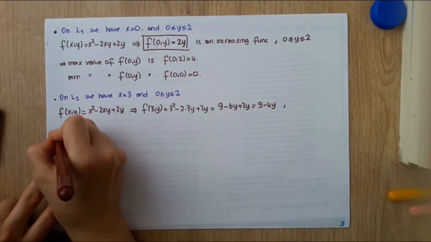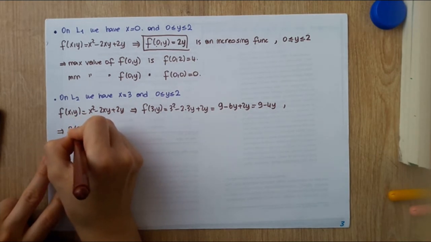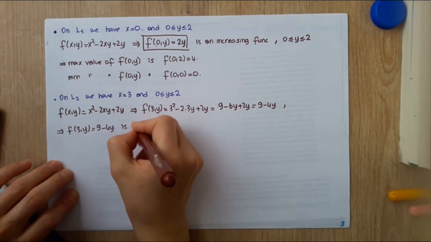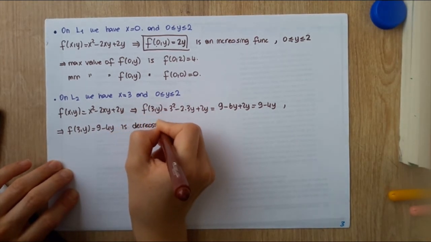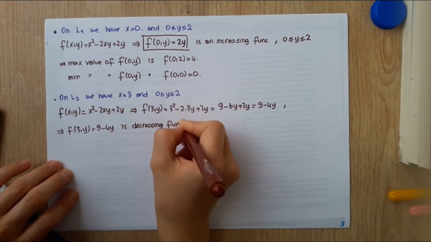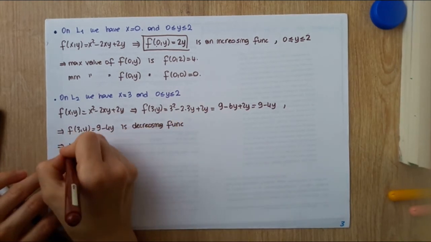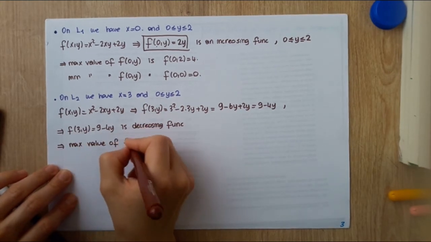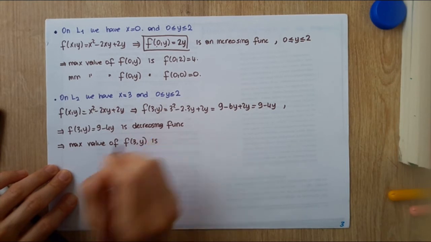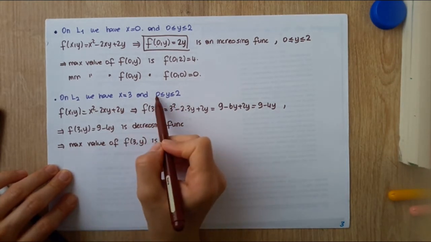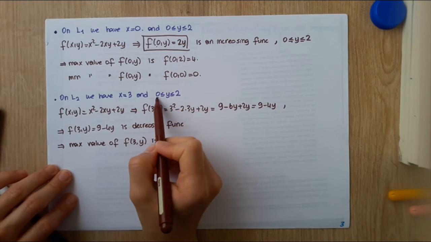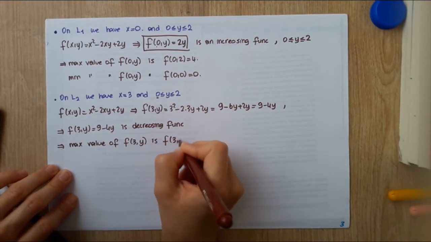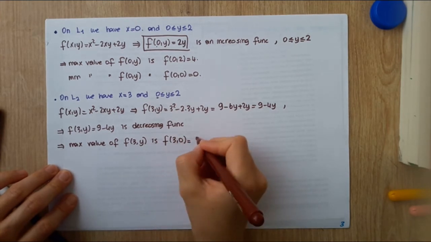So I can say this, f of 3y equals 9 minus 4y is, this time, a decreasing function. So the maximum value of f of 3y occurs at the lowest endpoint because this is a decreasing function, f of 3 0, and f of 3 0 is 9.